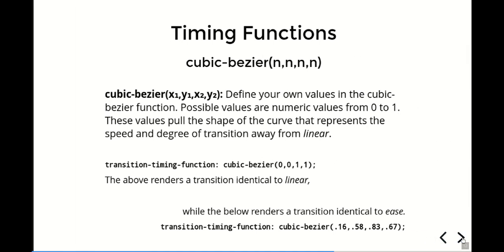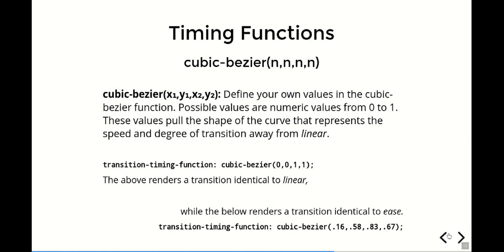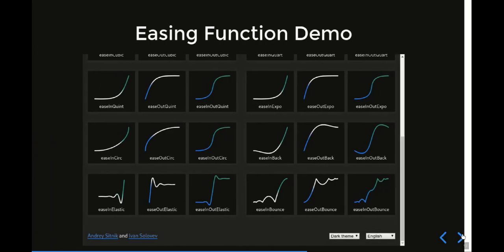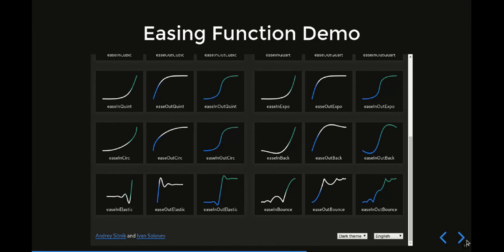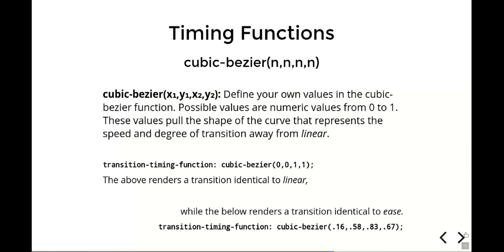The simplest way to figure out what's going on within these, if you want to manipulate at a really basic level, is using something called a cubic Bezier timing function, and this takes 4 values.